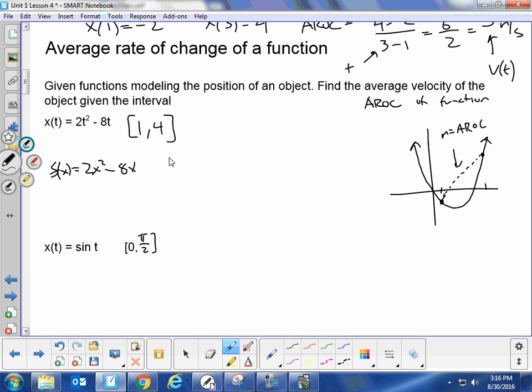I need to find my function value at 1. 2 minus 8 is negative 6. And I need to find the function value at 4. 16 times 2 is 32. Minus 8 times 4 is 32. That's 0.